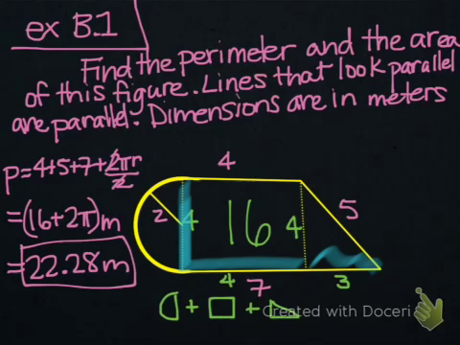The area of the square is 16 because 4 times 4 is 16. The area of the triangle is 3 times 4 divided by 2, or 6. And the area of the half circle is pi r squared divided by 2.